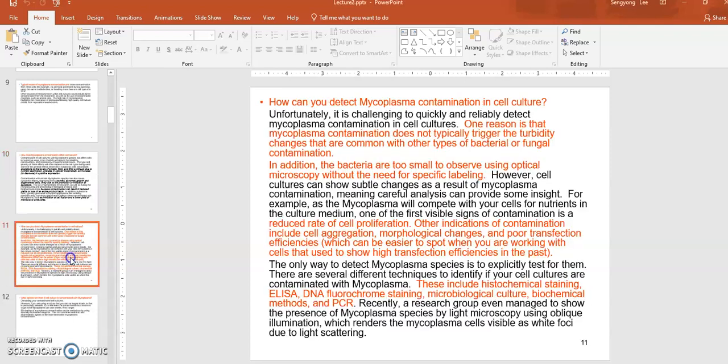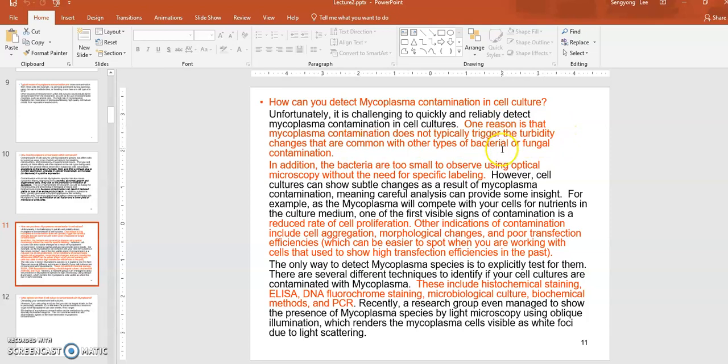So then if you see those kinds of symptoms, you have to do some assay to make sure that indeed mycoplasma contamination is going on in your cell culture. Okay, so you cannot look at the cell culture to see if there is mycoplasma there or not, because they don't smell like E. coli cells, or change the cell culture turbidity.